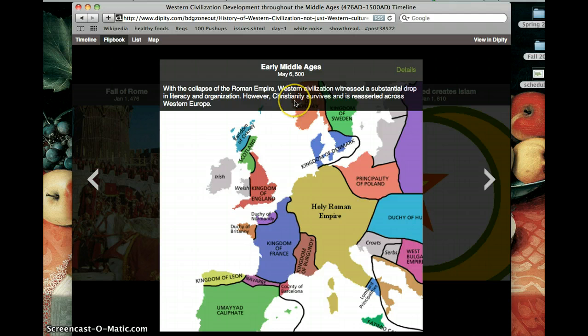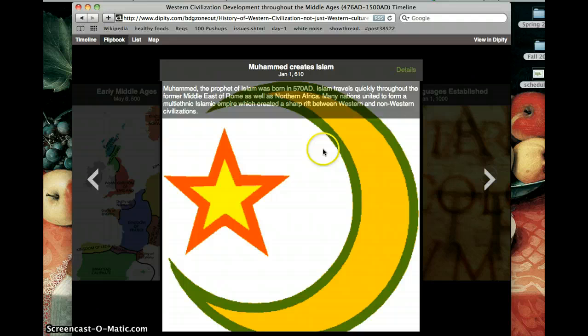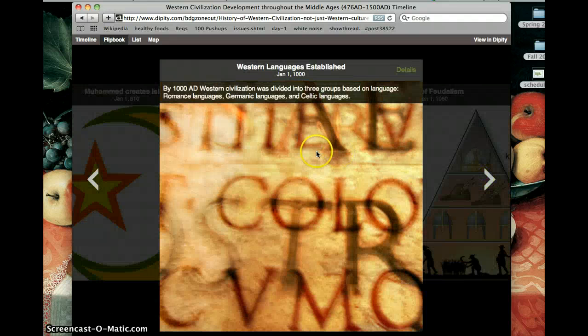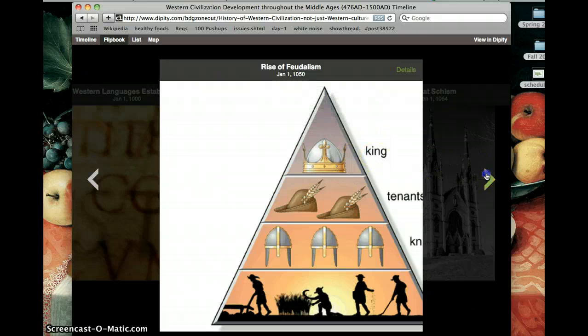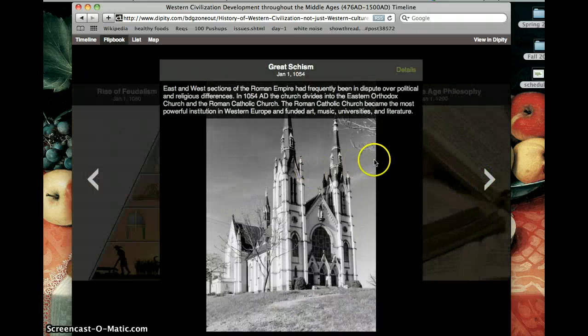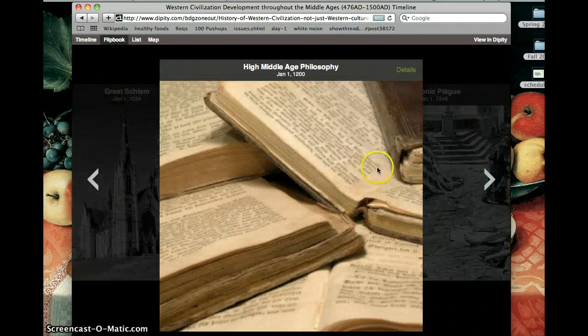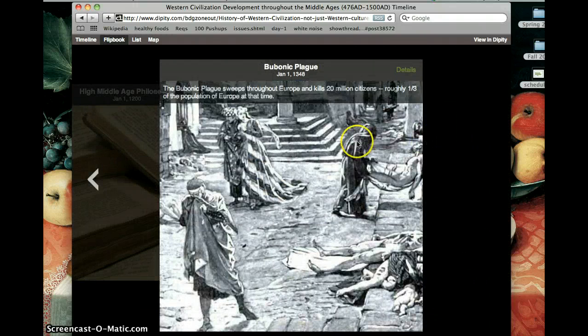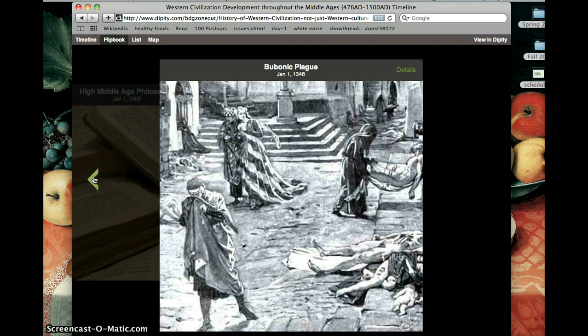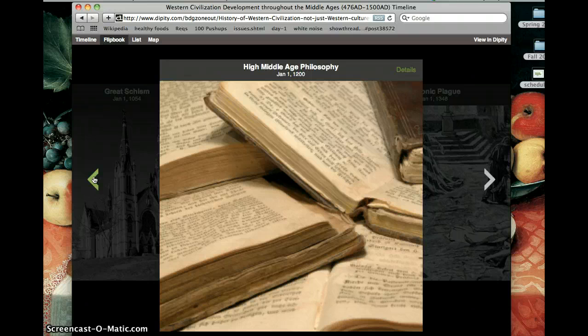I just want to convey that students should be using objective information and should have interesting and eye-catching pictures inside their timeline. This timeline just shows it goes from the Great Schism to war, feudalism, philosophy, bubonic plague. It just goes to show that there are a real lot of different aspects of civilization, and that any single one really just is, you know, a tree in the forest.